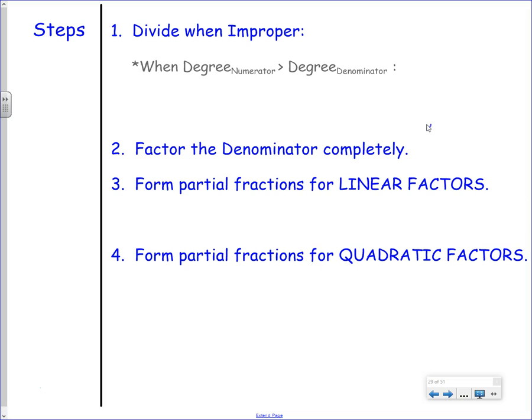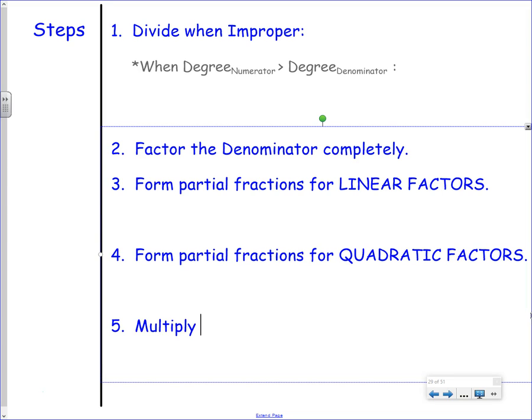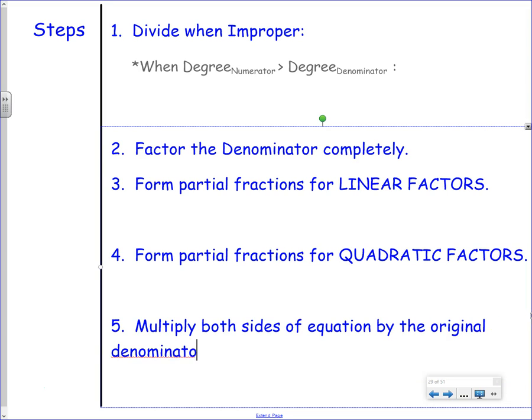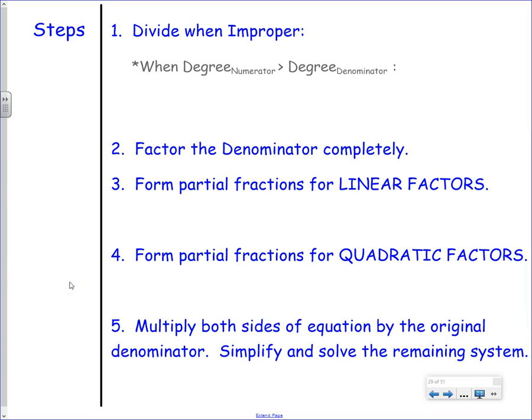So this is our quick summary, along with our what do we do next, which is somehow missing. Let me add in a step 5 real quick.